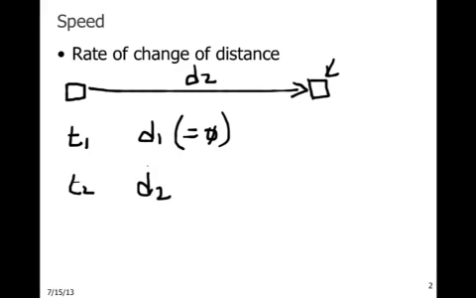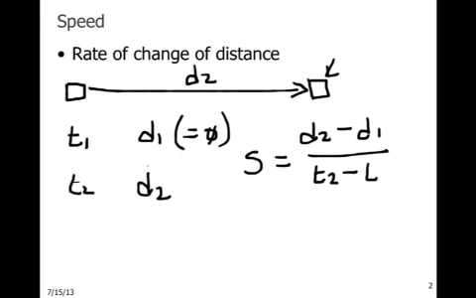In this situation, we say the speed of the object, which is represented by s, is the ratio of the change in the distance, which is d2 minus d1, over the change in time, which is t2 minus t1. And this is the rate of change of distance.